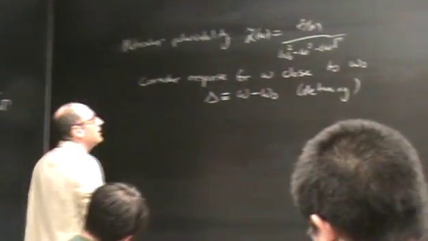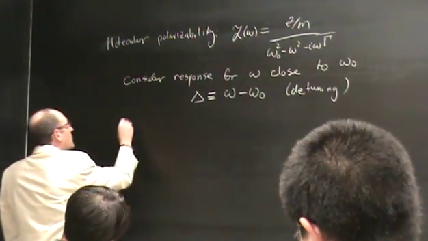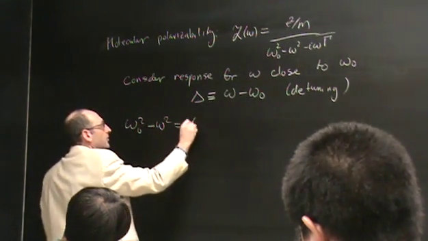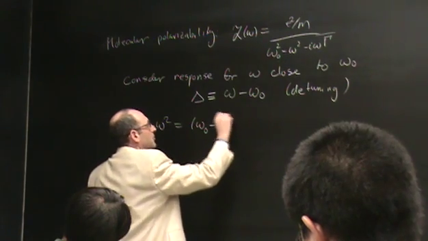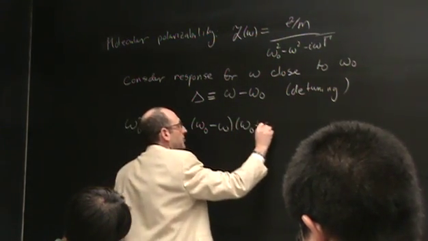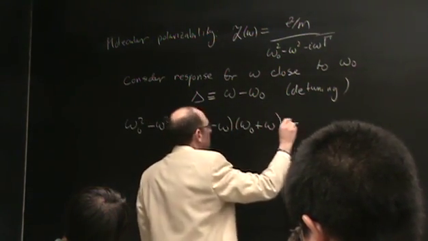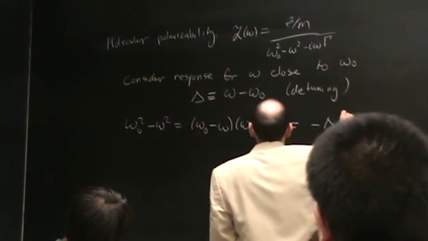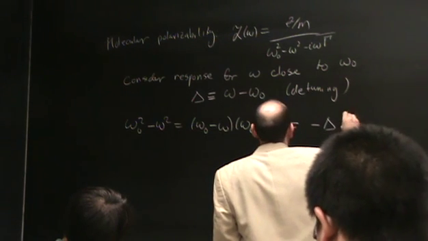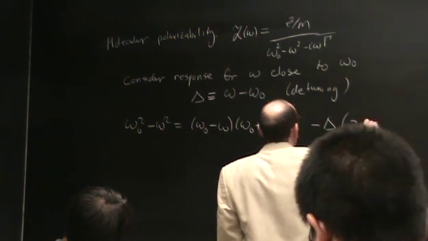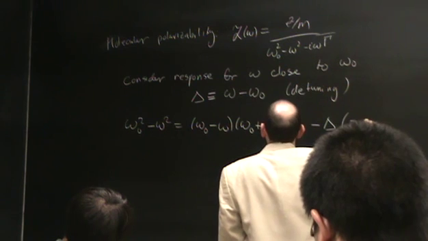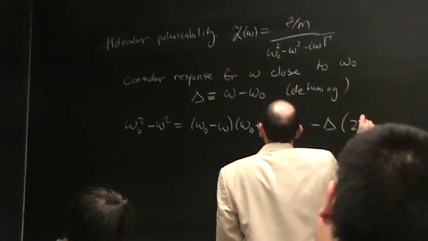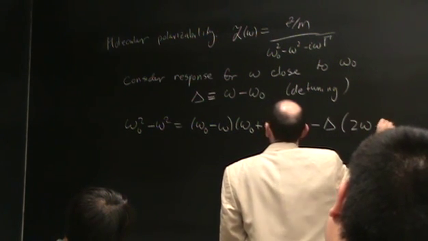So omega 0 squared minus omega squared is equal to omega 0 minus omega times omega 0 plus omega, which is equal to minus delta times 2 omega plus delta.